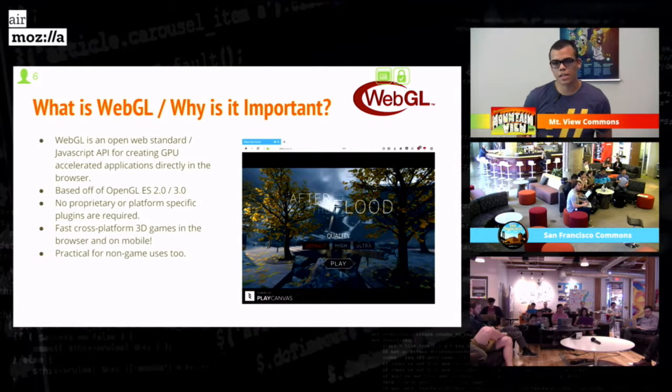The implication is that it allows us to create high-speed interactive programs without using proprietary or platform-specific plugins. A lot of uses are for games, but it's also practical for non-game uses. Google Maps, for example: if you zoom all the way out, it switches over to a globe view, and you can rotate that. That's a real-world example of using WebGL for a non-game application.